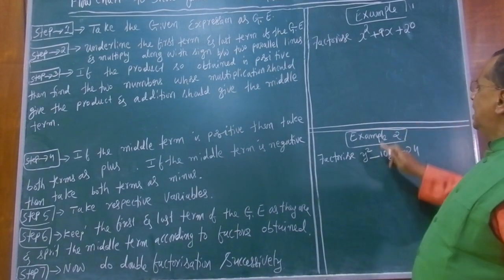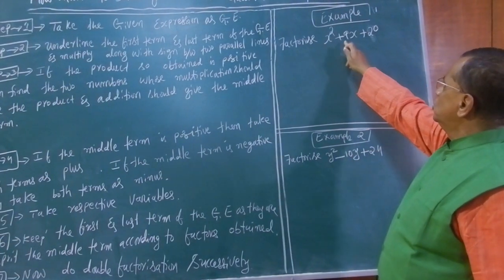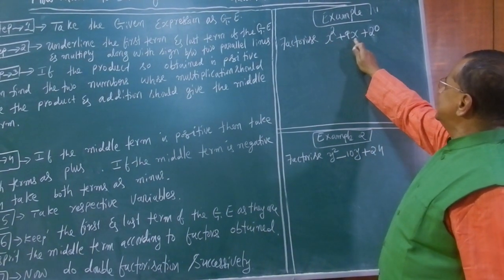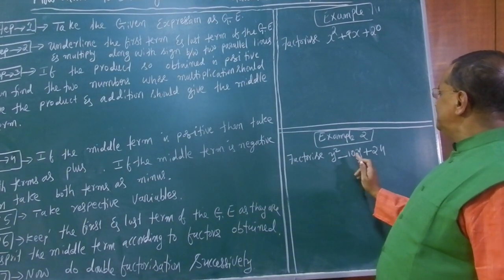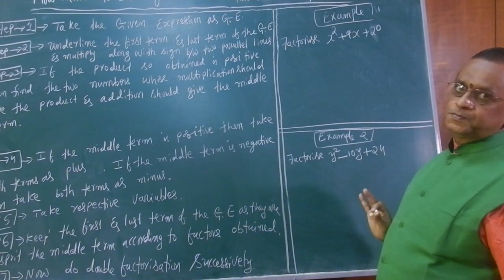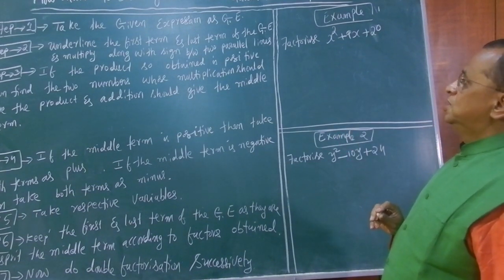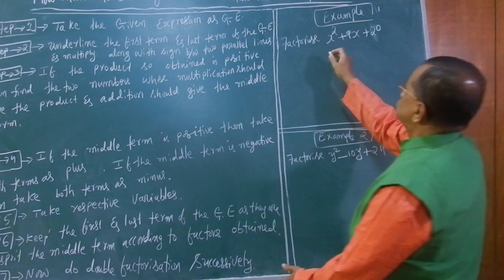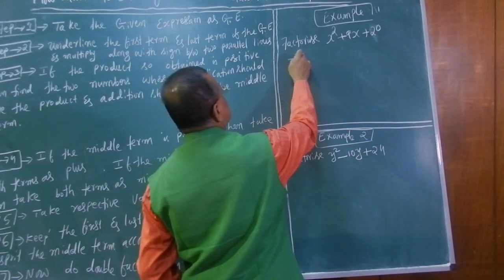See here, I have taken two quadratic expressions. One, x square plus 9x plus 20, factorize. Another one is y square minus 10y plus 24. See the first step, what we have to do. Take the given expression as GE.